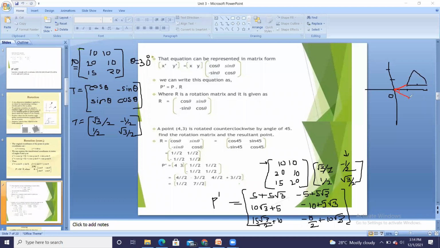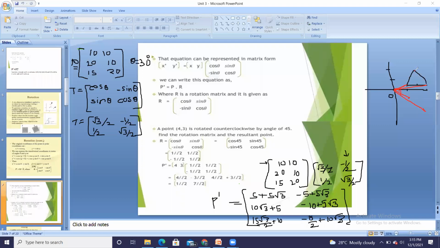It will come somewhere over here. Then the B point is here. The B point will also rotate by 30 degrees. It will come somewhere over here.